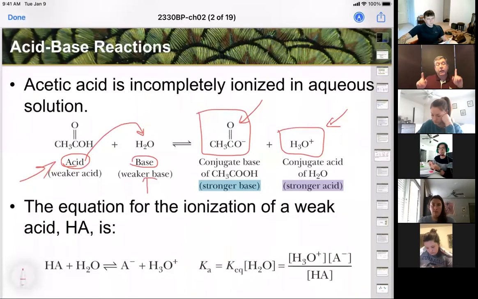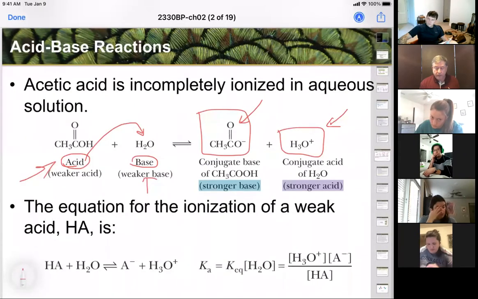If we compare the acid to the conjugate acid or the base to the conjugate base, we can tell which way the equilibrium lies. Okay, and because there's an equilibrium there, we can actually calculate out what that equilibrium constant is.